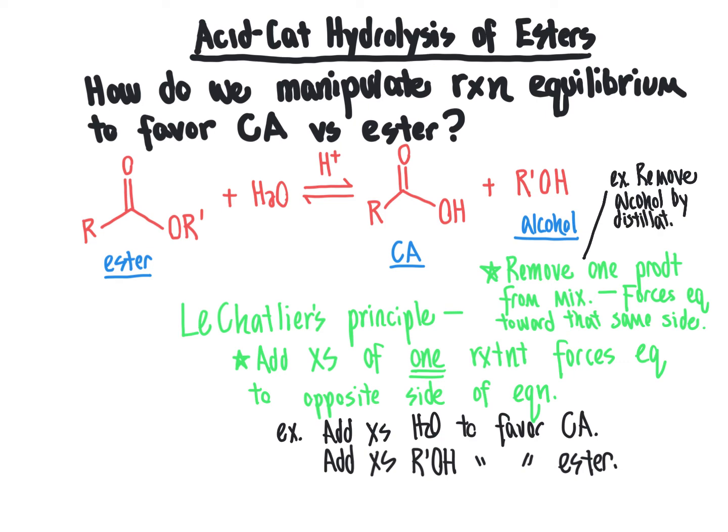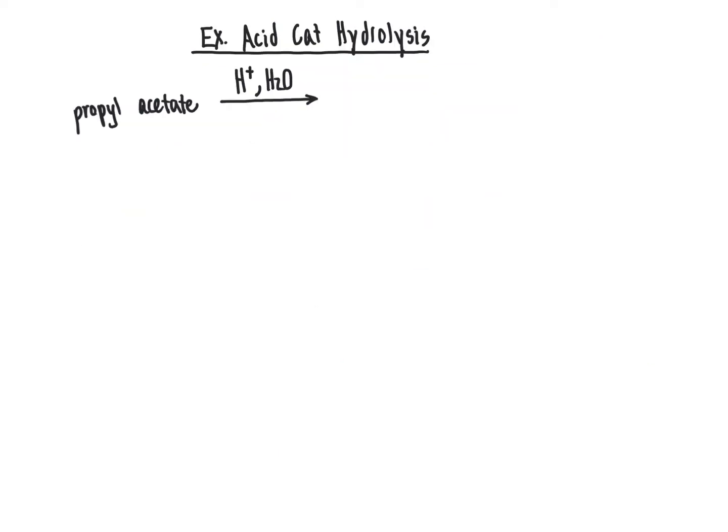And if we did that in this reaction mixture, that would push the equilibrium toward the side of the carboxylic acid product. So if we remove the alcohol by distillation, the reaction will favor the carboxylic acid side of the reaction. Because whatever product we remove selectively from the mix is going to force the equilibrium to come toward that side to create more of that product.